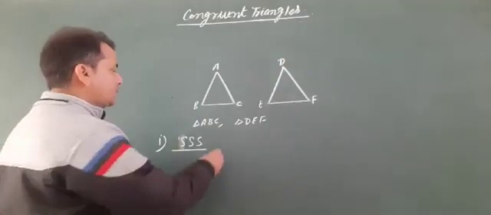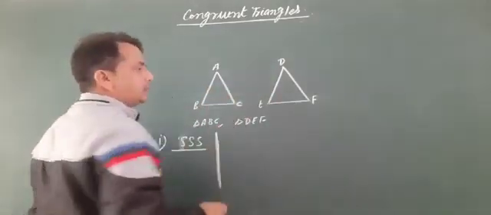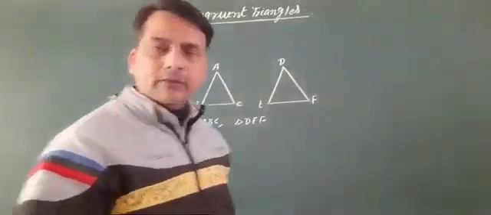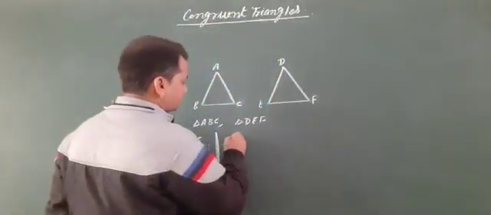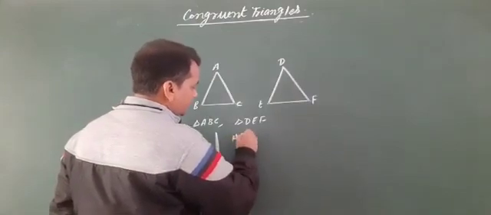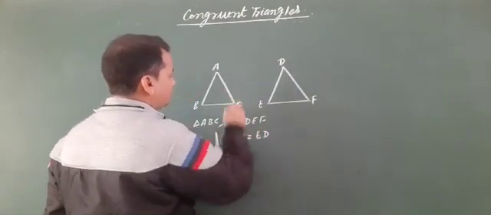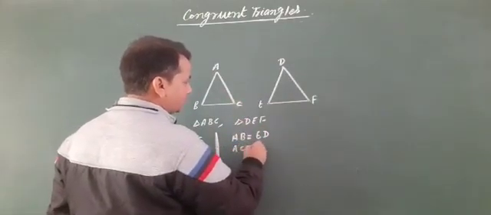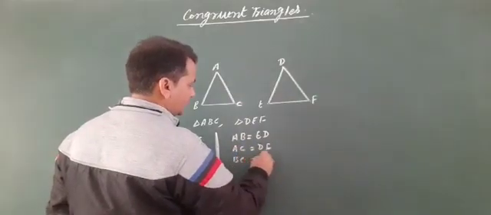Side, side, side means if in both triangles the corresponding sides are the same, that is AB equal to ED. Next, AC equal to DF and BC equal to EF.